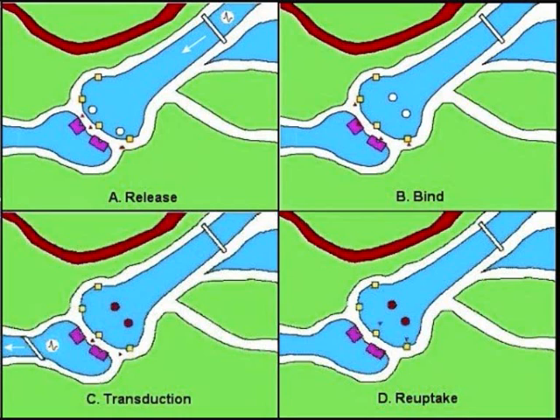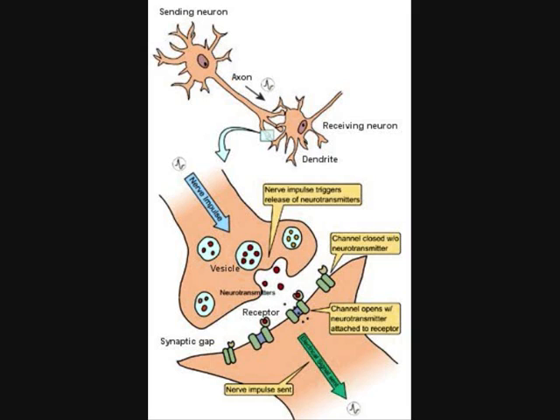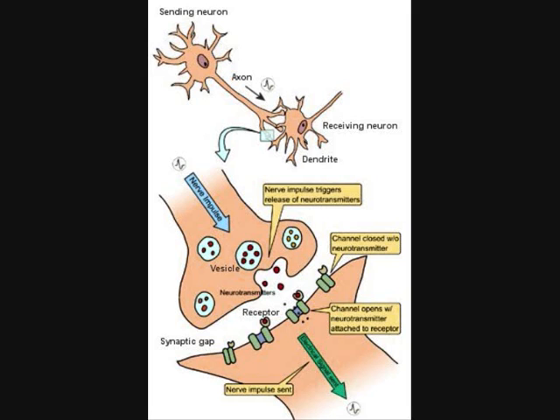Now these are steps in polarization. Now what happens in this process? You saw that there is a dendrite and a neuron. Suppose this is neuron 1 and this is neuron 2. In neuron 1, at the synaptic end, there are certain vesicle-like structures, and there are certain neurotransmitter transporters.